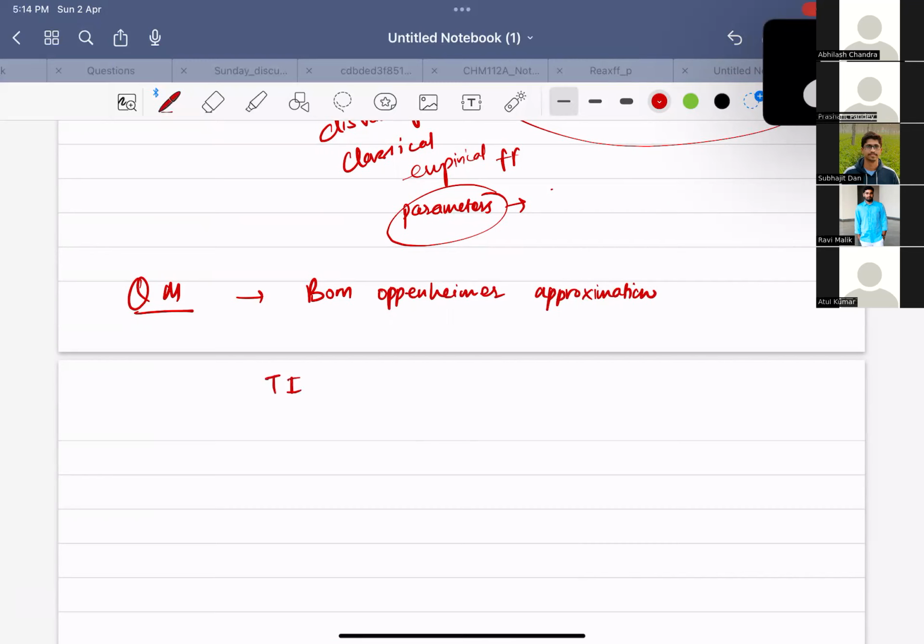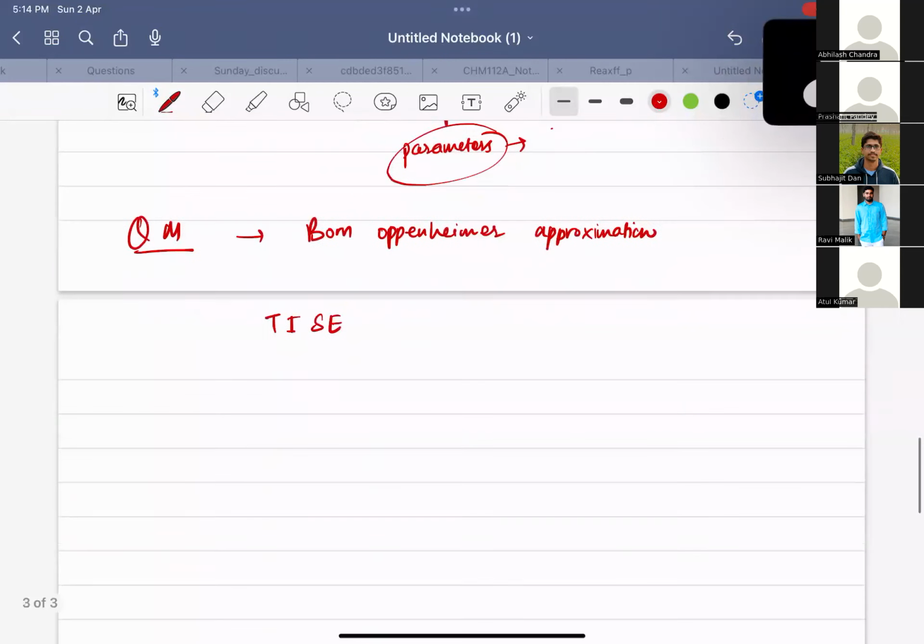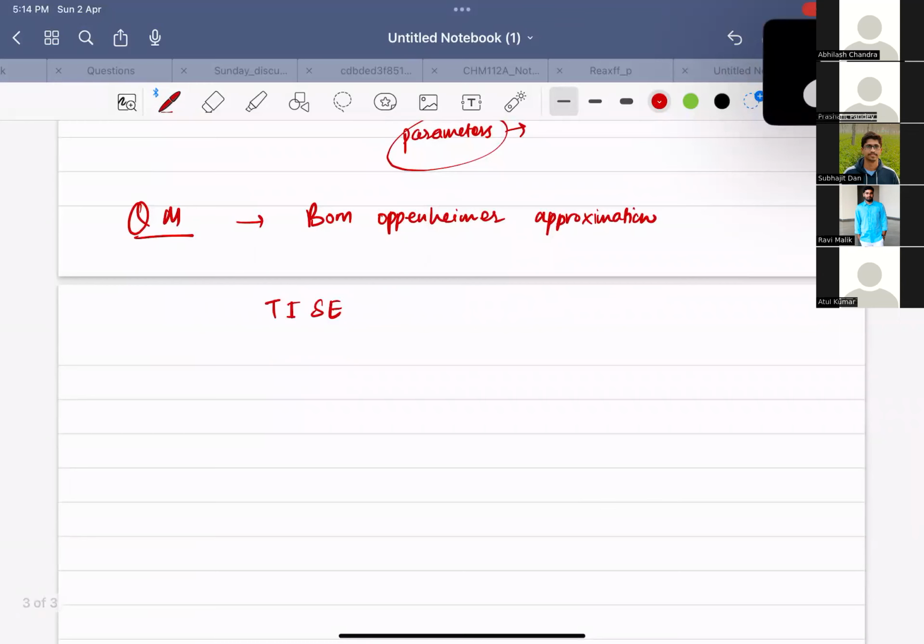I'm not going into the details. I'm just telling you what happens in this ab initio molecular dynamics simulation.